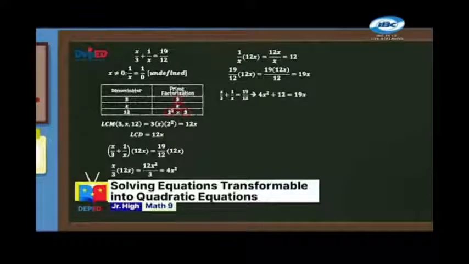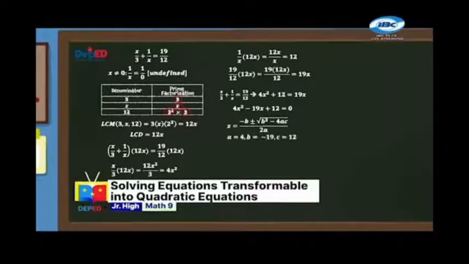Written in standard form, the equation must look like this. Let's use the quadratic formula to solve this derived quadratic equation. In the equation, a is 4, b is negative 19, and c is 12. x equals the negative of negative 19 plus or minus the square root of the expression square of negative 19 minus 4 times 12, all over 2 times 4.